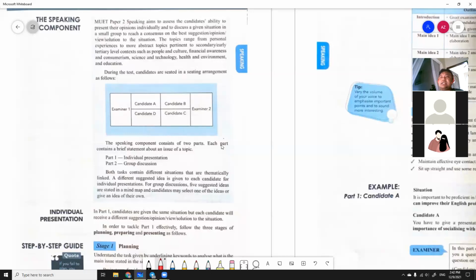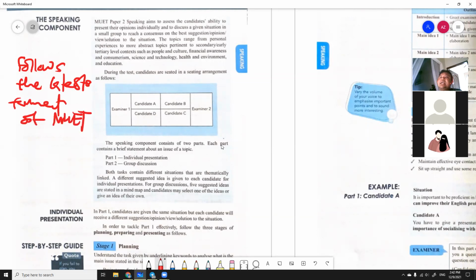It helps you a lot in preparing for your MUET examination, because this book follows the latest format of MUET.